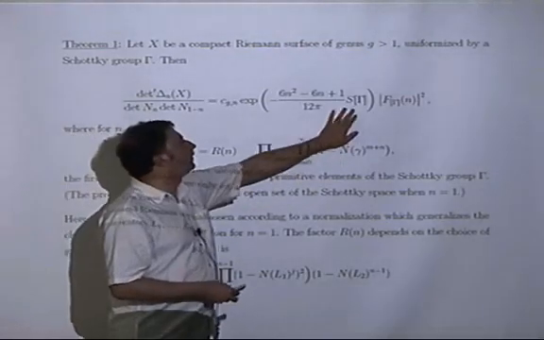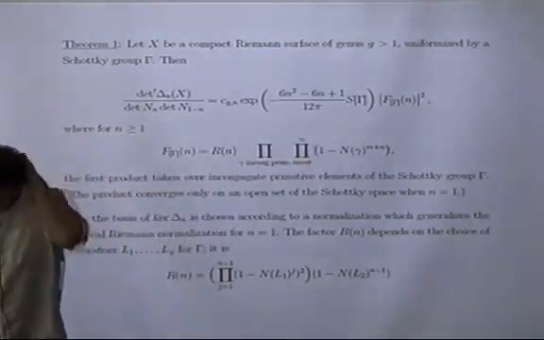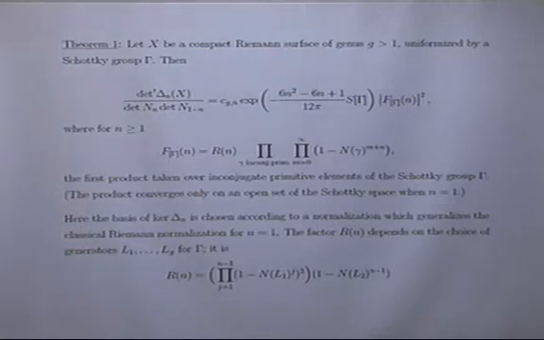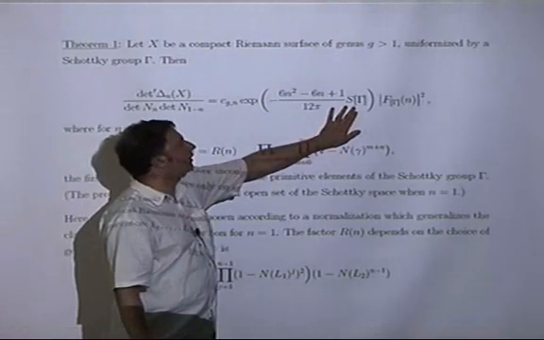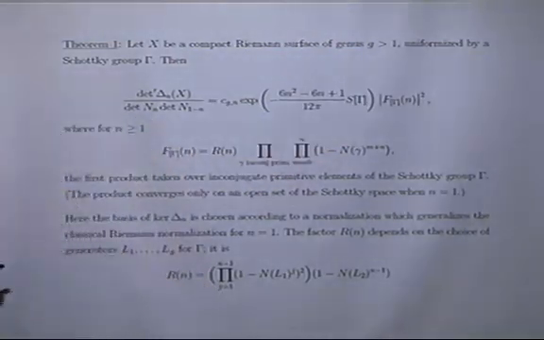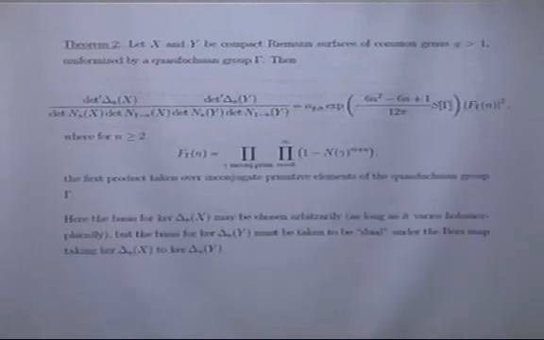And what's the Liouville action? Well, Takhtajan and Zograf wrote a paper where they extended the Liouville action, which was defined for Schottky groups, to a large class of Kleinian groups, including quasi-Fuchsian. And so the result that you would expect holds.